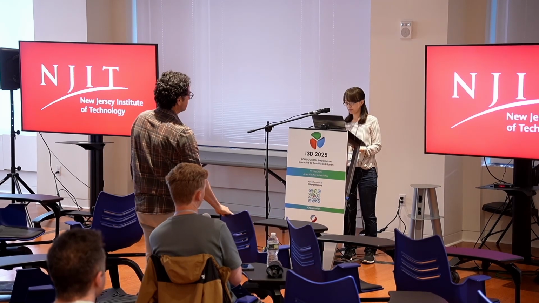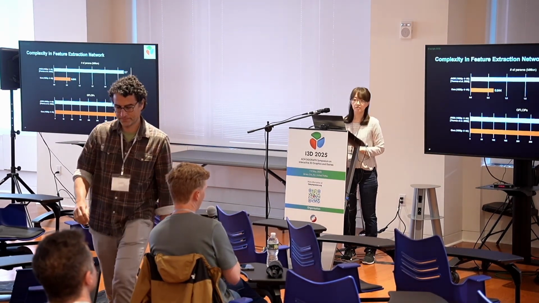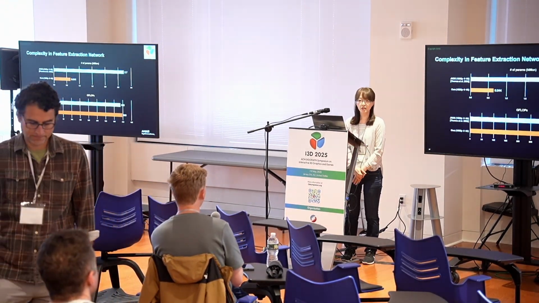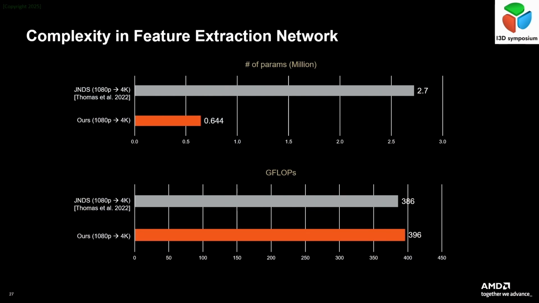Yeah, this one. Okay. Can you say it again? Yeah, so I'm not in machine learning, so I just want to understand. You have significantly less parameters to learn, yet the models actually require slightly more computation. I just want to know why.